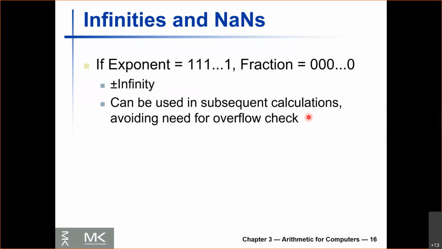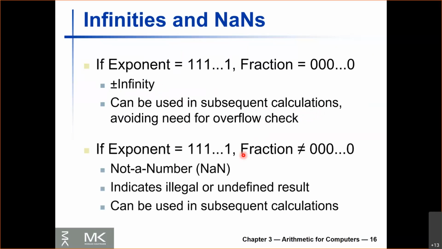And in the other case, if my exponent is all ones and my fraction is not all zeros, then this will be interpreted as not a number. This happens when something illegal takes place. And again, rather than checking for NaNs every time, we usually simply continue using our calculations.